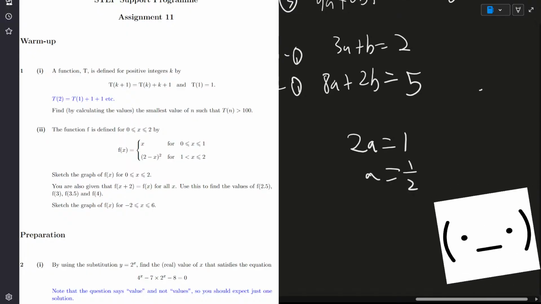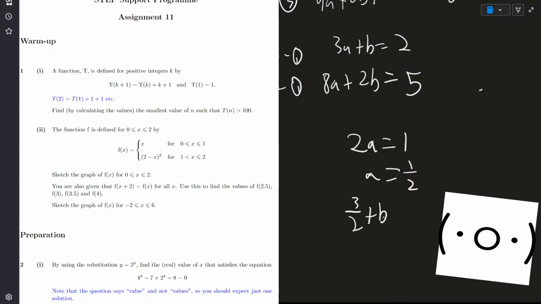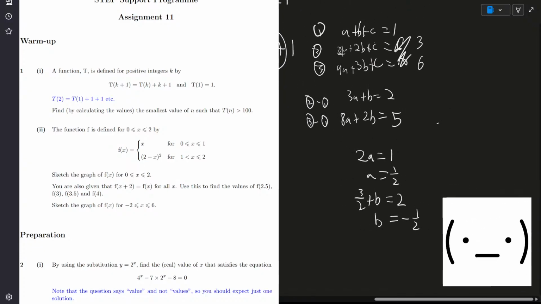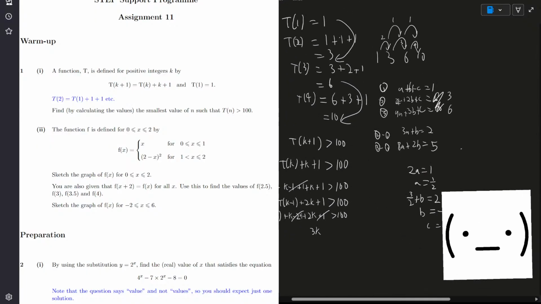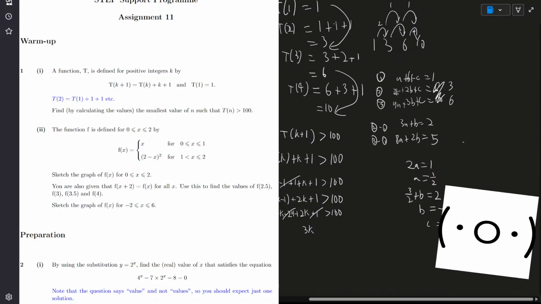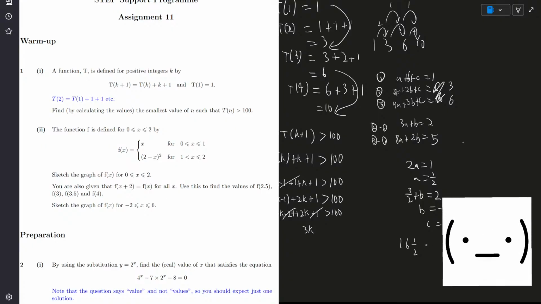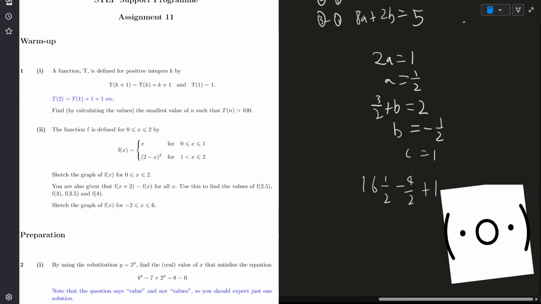So now we got a. So now it's looking like this. So now that's B. Now we got some C, which is just 1. Great. So now let's test this out. Let's plug in the values. 16. I guess 4. Why not? Plus some 1. And this should equal 10.